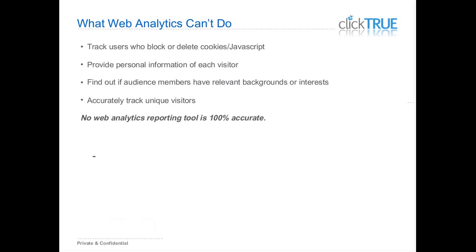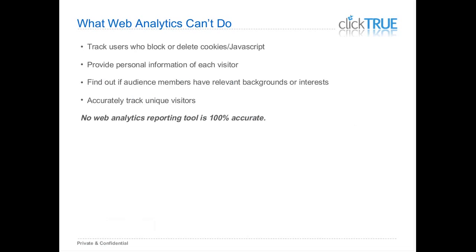So the thing is, many users have ad blockers, or they don't allow JavaScript to run for them, and so you can't track them with web analytics. You have to get over this. You can't really find out their exact backgrounds or interests unless they are logged in, and you can't accurately track unique visitors. So there's no such thing as 100% reporting for web analytics.